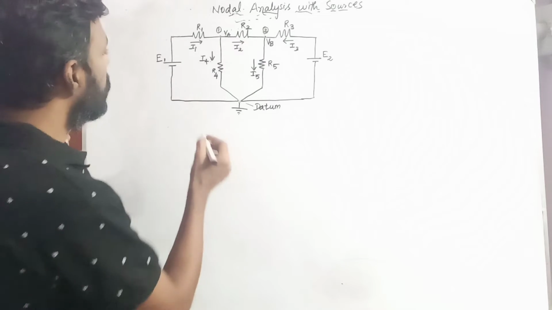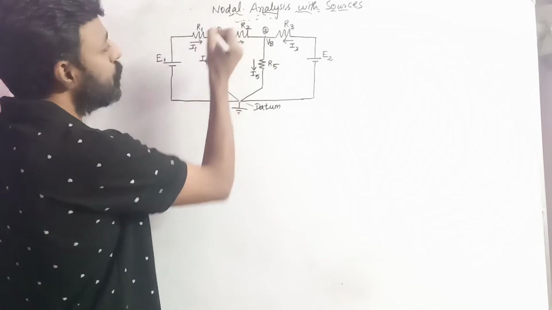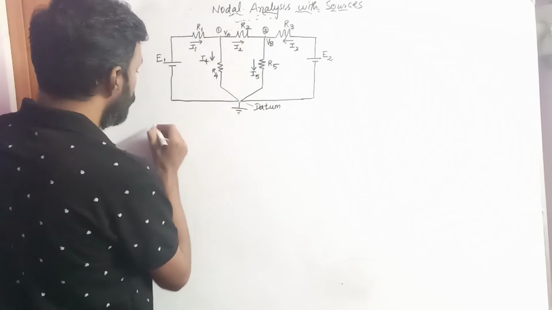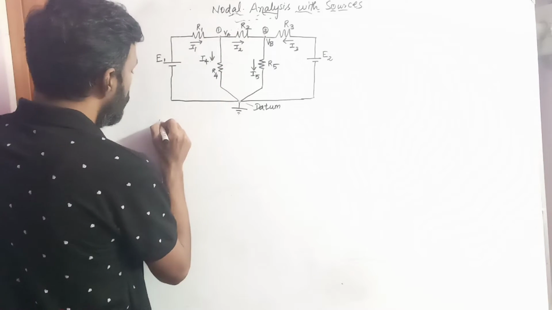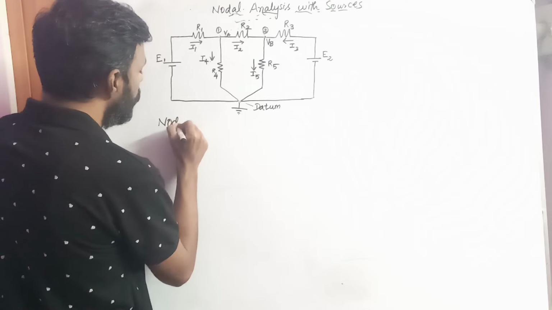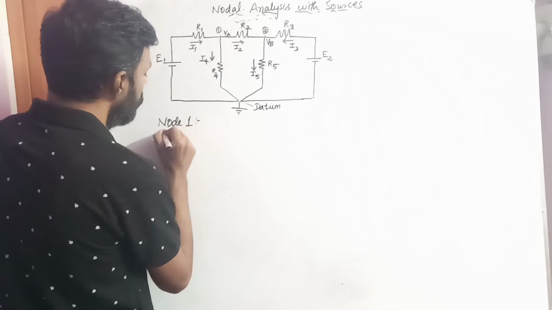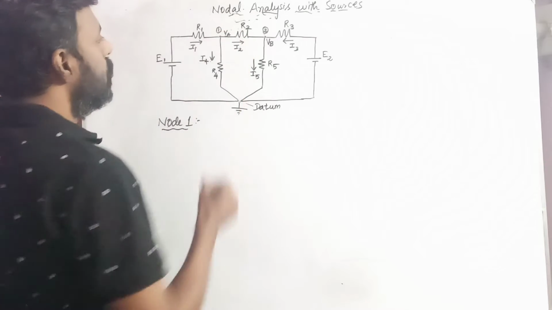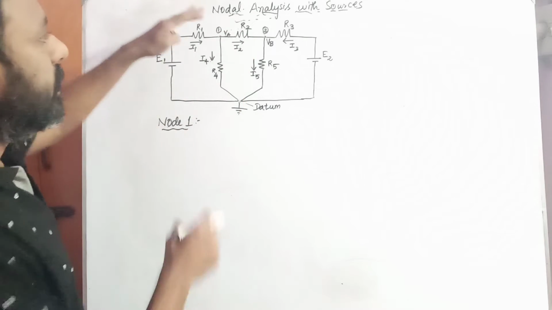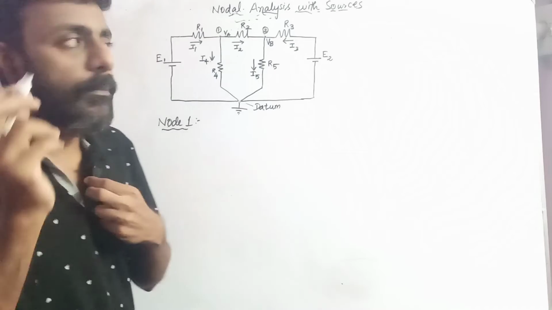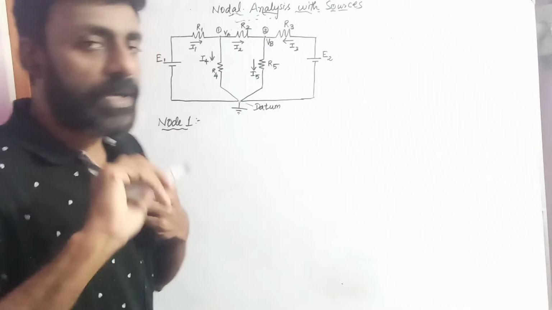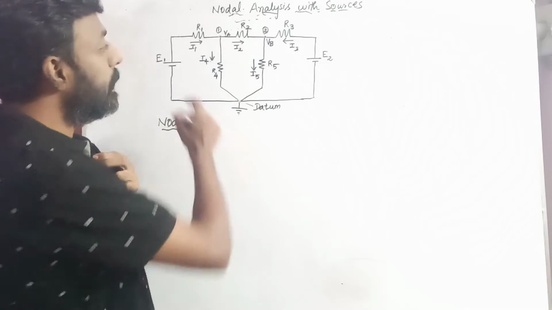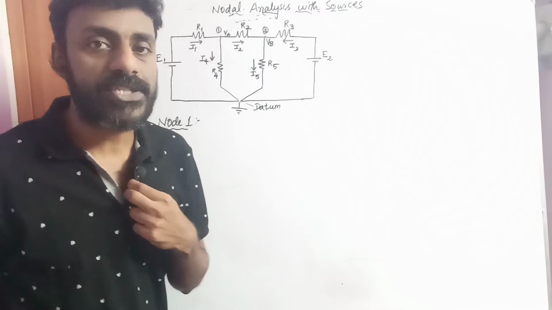First thing is, I am going to consider this node 1. In this nodal analysis, I will be using only Kirchhoff's KCL, not KVL. I will be using only the current law, not the voltage law.